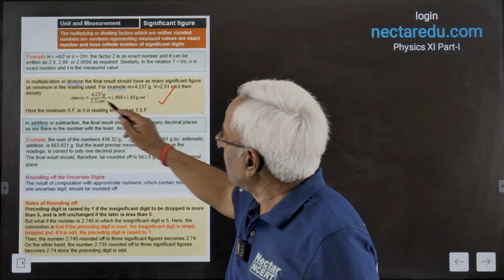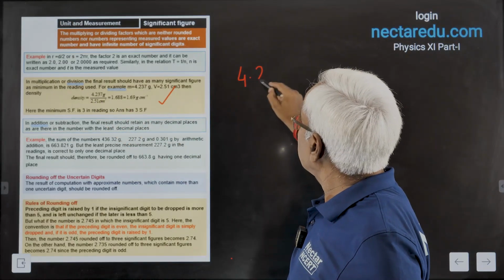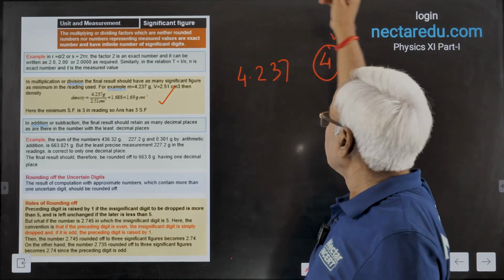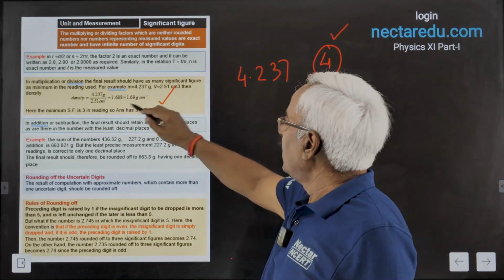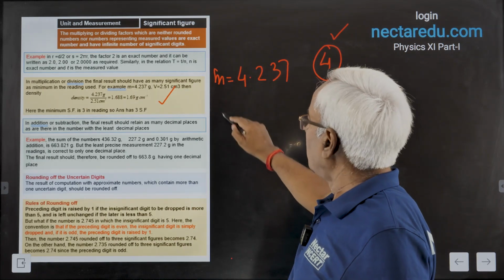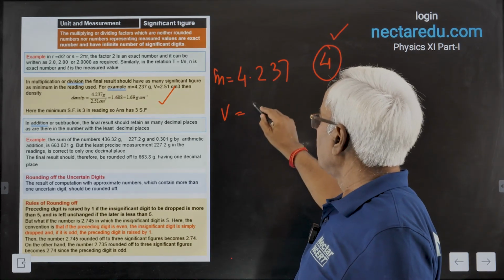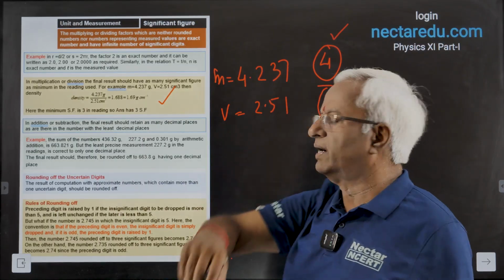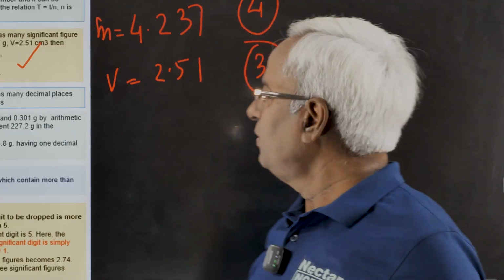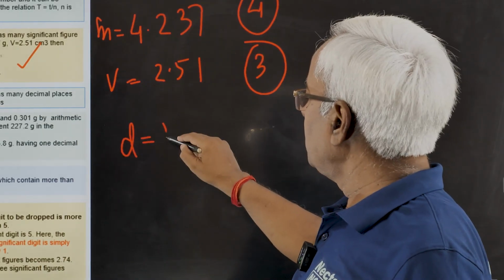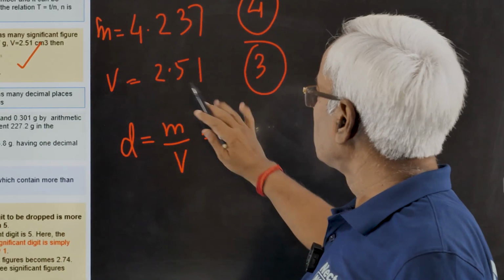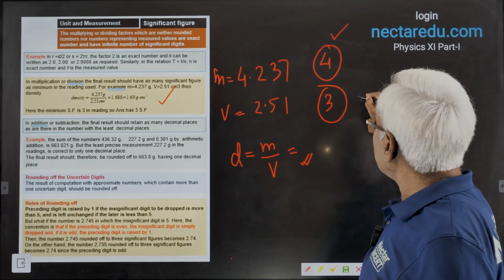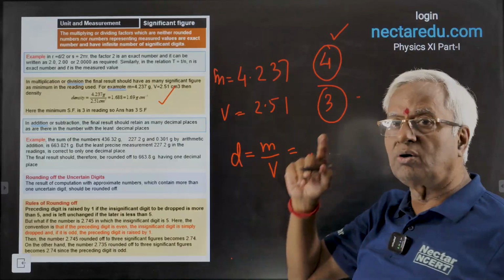In the reading of mass, you see it is 4.237. So there are 4 significant figures. And in the reading of volume, which is given 2.51, only 3 significant figures. Now, when you apply the formula density equals mass upon volume, you solve, but the result shall be in 3 significant figures only.